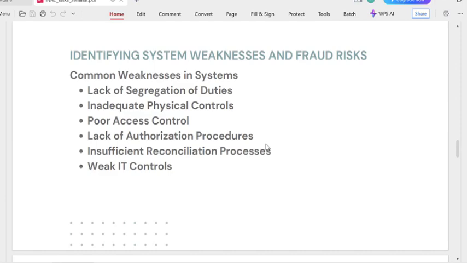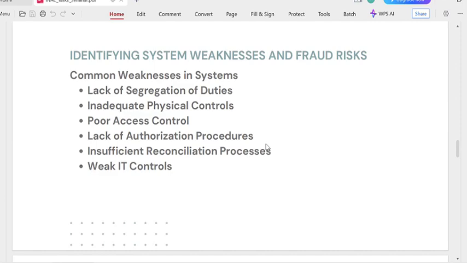But this is primarily true for small and medium enterprises where the system is not robust. They are using financial accounting systems which don't have many controls built in. So if one of your scenarios says that the financial system is not robust, it means that this is a weakness.